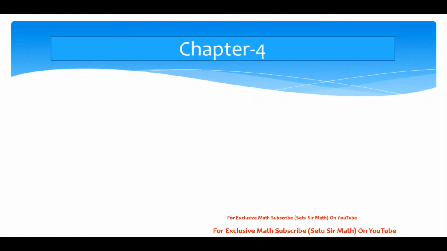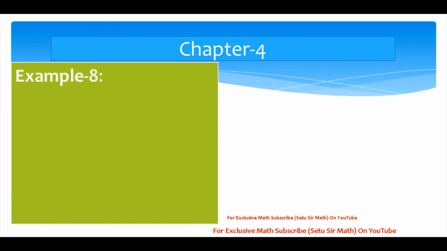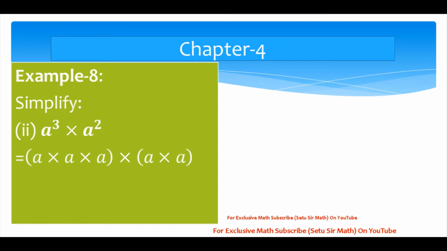My dear students, let's see an example. Example number 8 from the book. We have to simplify this math. A to the power 3 or A cube multiplied by A to the power 2 or A square. Let's see the simplified form.